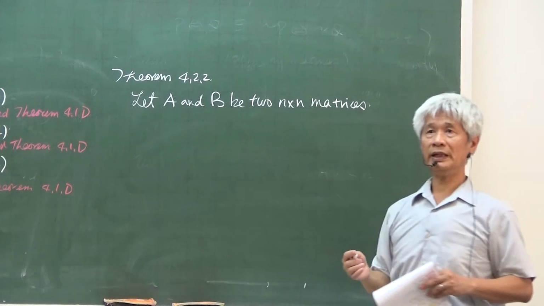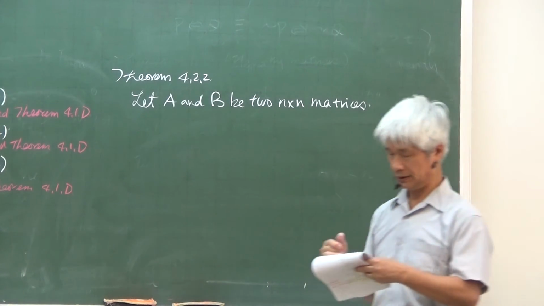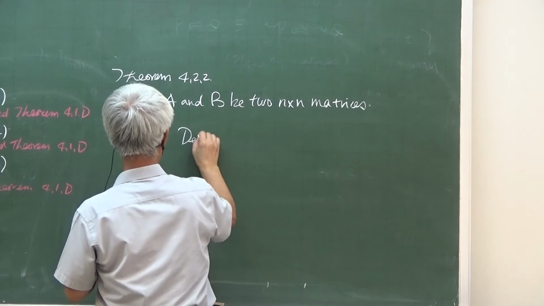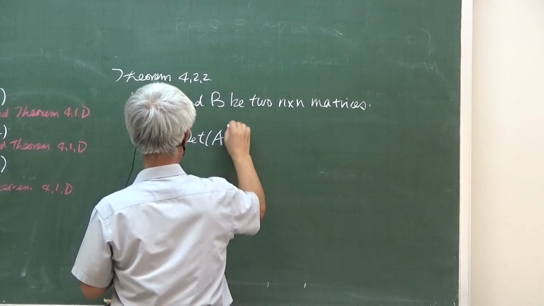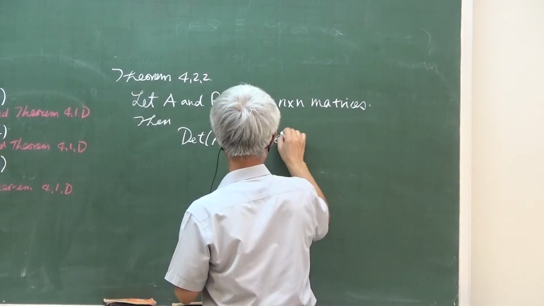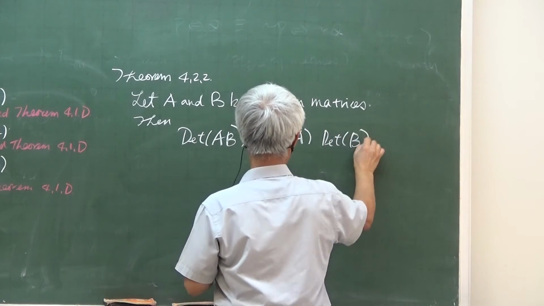Suppose that we have two n times n matrices, so we have two square matrices. Then the determinant of their product is the product of their respective determinants.